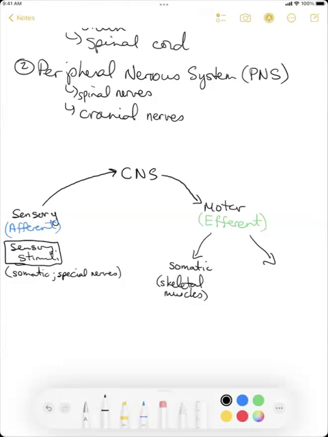These motor outputs could also be through the autonomic nervous system. And there's three arms to that. There is the sympathetic.